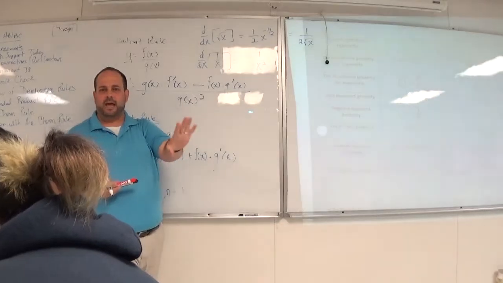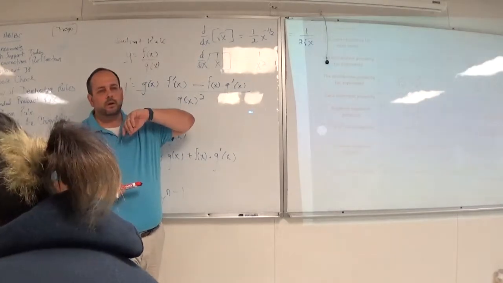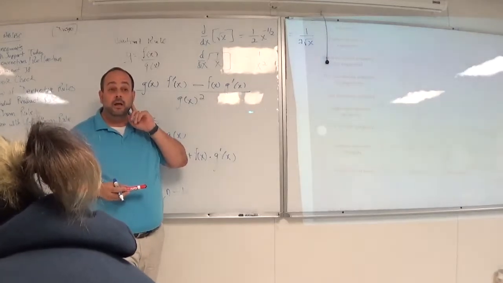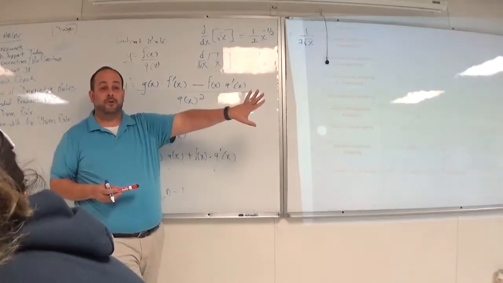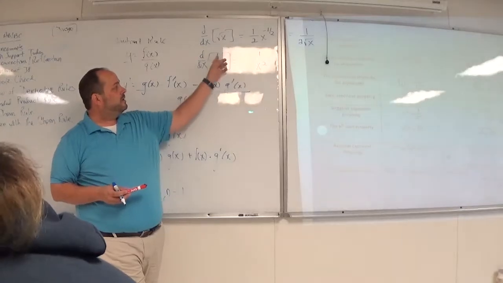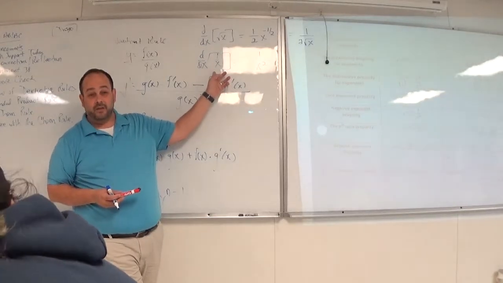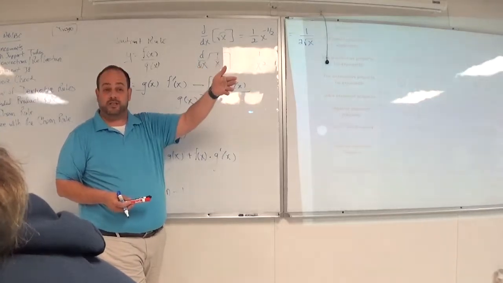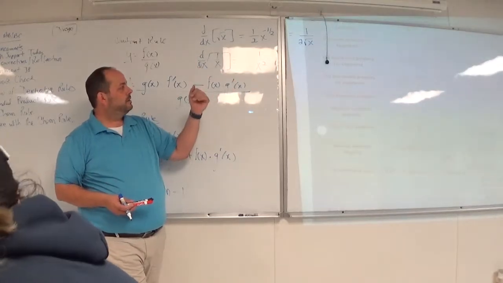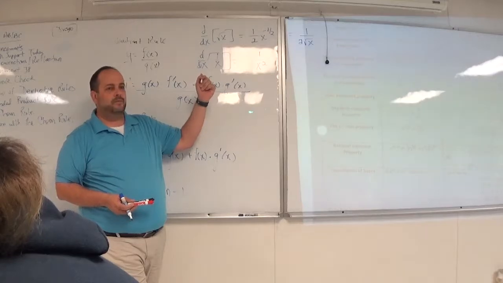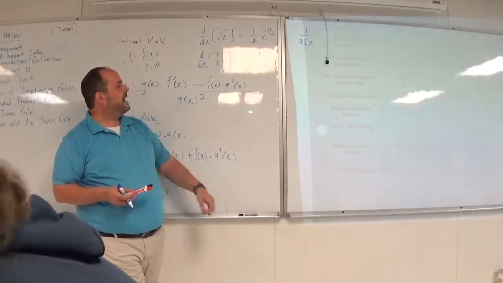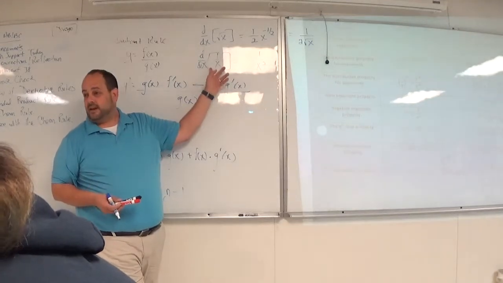Somebody help her out. If you haven't had it memorized, Gonzalo, what would you do? 1 over x is the same as x to the negative 1, and then you subtract 1 and bring down the 1. 1 over x is the same as x to the negative 1.